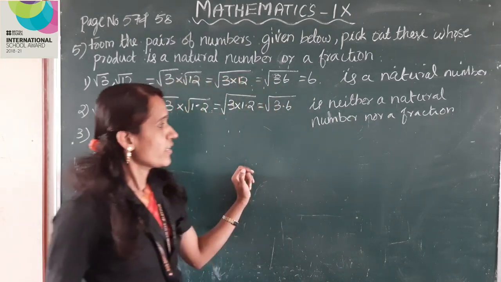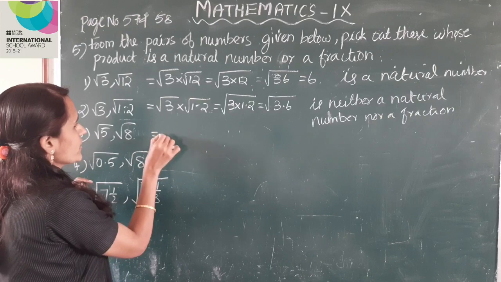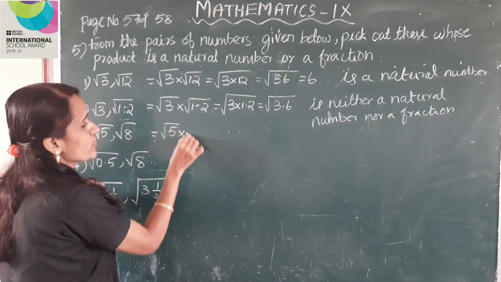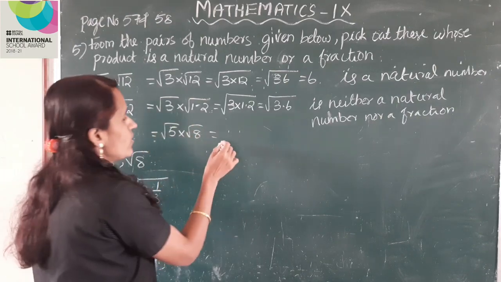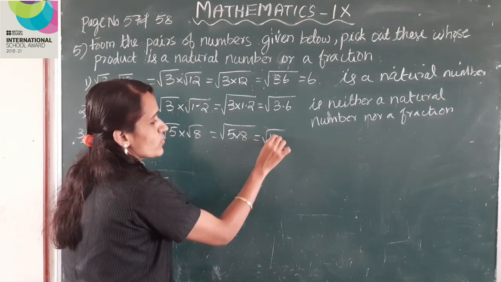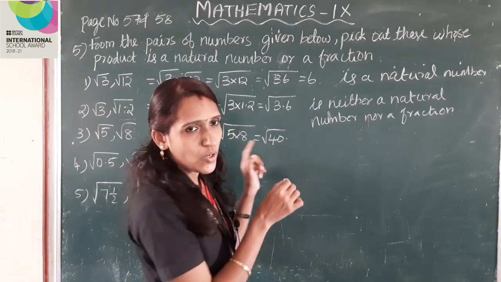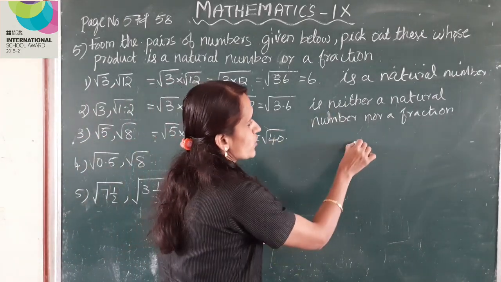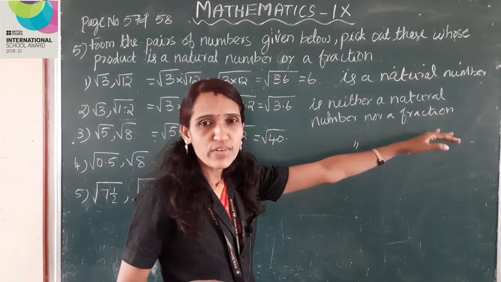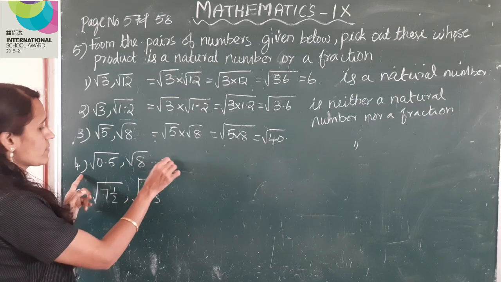Okay. Next, root 5, root 8. This is root 5 into root 8, which is root of 5 into 8, which is root 40. Again, this product is neither a natural number nor a fraction.